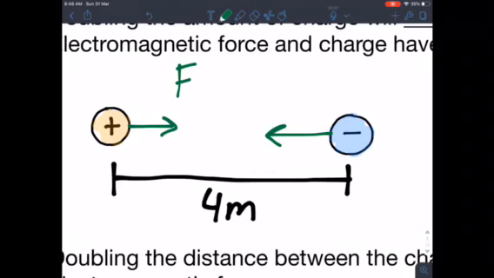And we're going to label that as F_EL. That is the electrostatic force on these two objects. And we're going to totally make up this number. It's not accurate, but we're just going to say that the force of attraction is 1 Newton when those two objects are 4 meters apart.